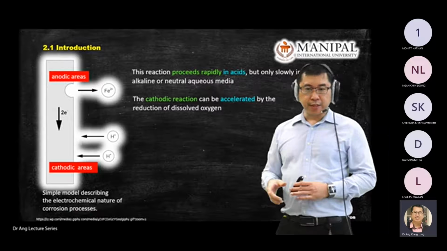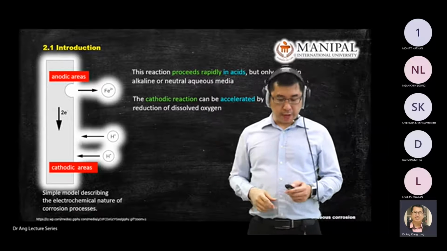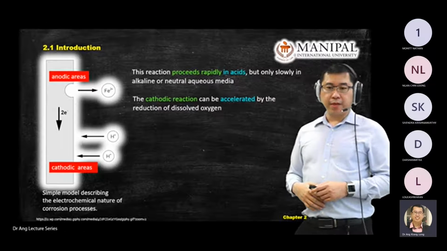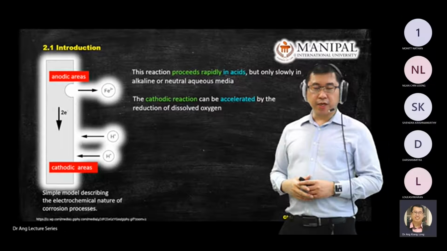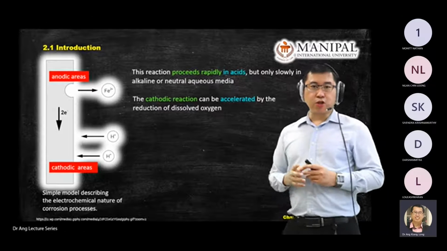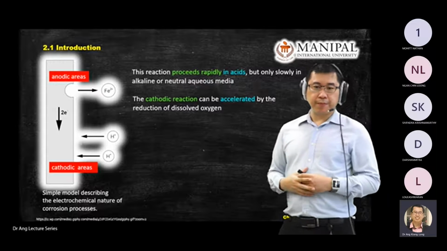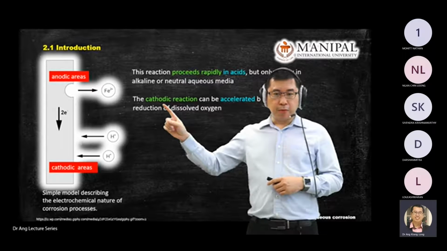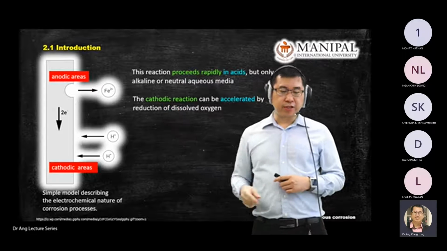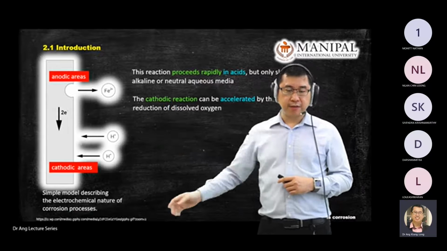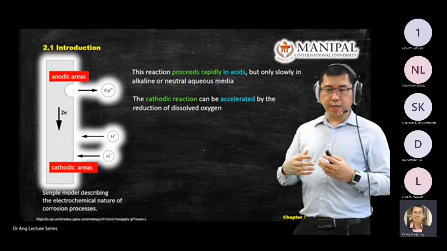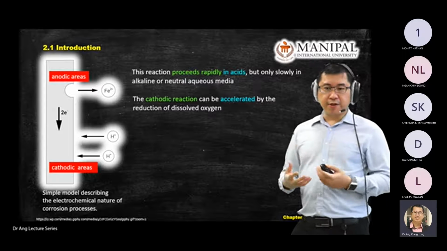Just now we mentioned the cathodic reaction in the previous slides. The cathodic reaction is what controls the rate of corrosion. The more active your cathodic reaction on the surface, the more the process will be accelerated, faster and faster.